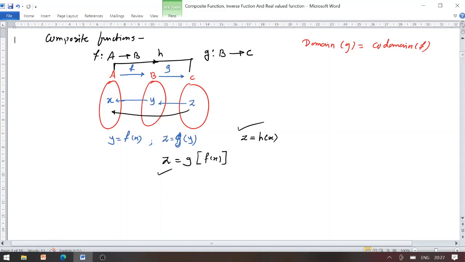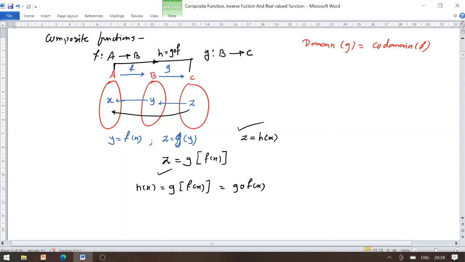So we might write h of x equals g of f of x. We can write it as g composition f of x. So we have h equals g composition f. Such a type of function is known as our composite function.